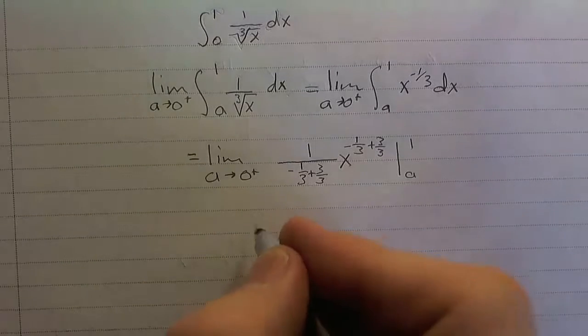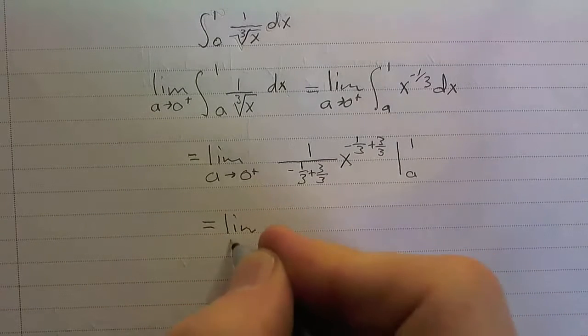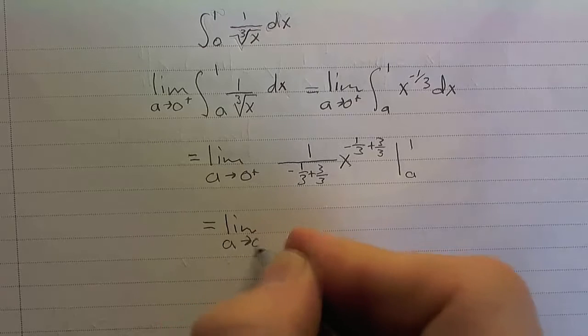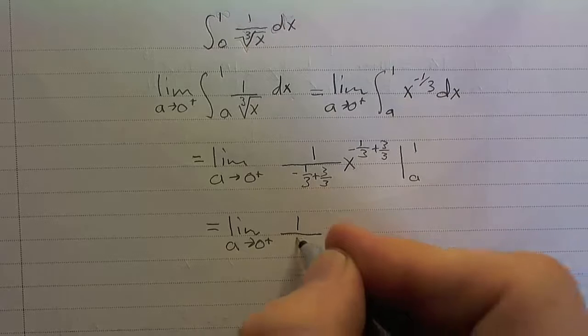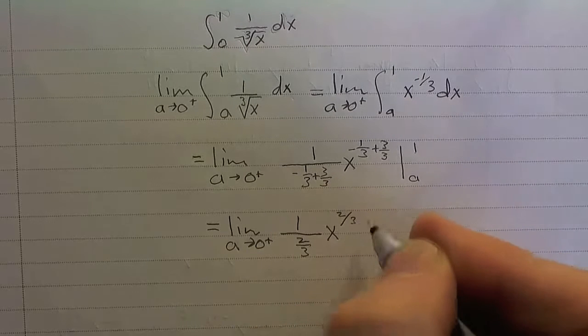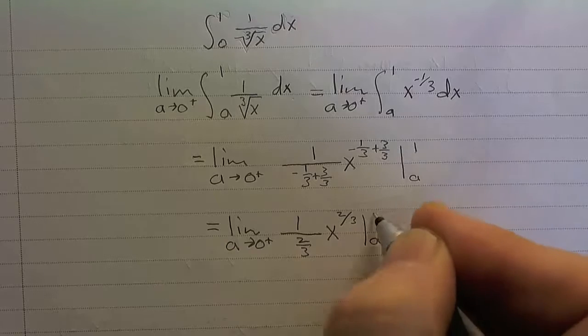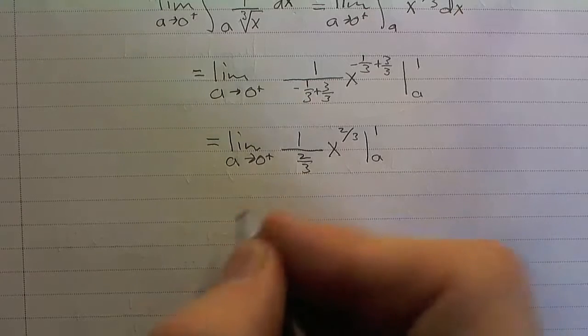Okay. Now we just keep going with that. We've got the limit as a goes to 0. And this is going to be 1 over 2/3 x to the 2/3 from a to 1, which of course 1 divided by 2/3 is just multiplying by 3/2.